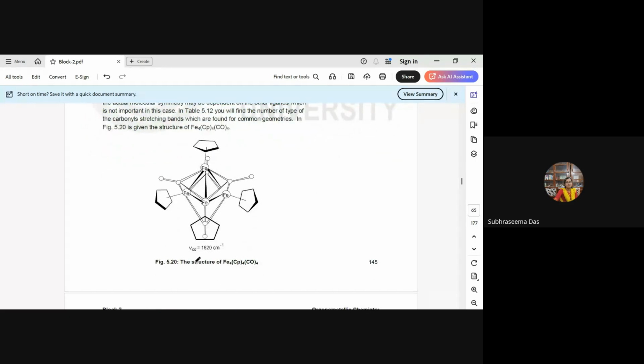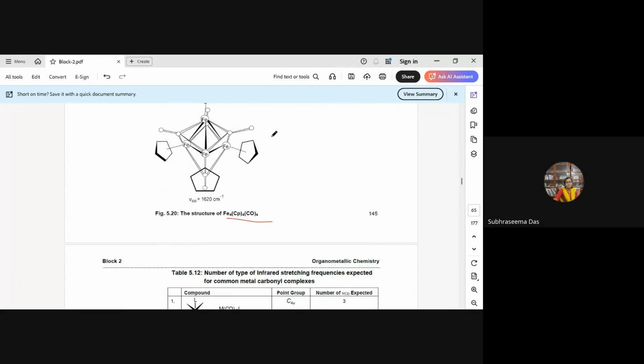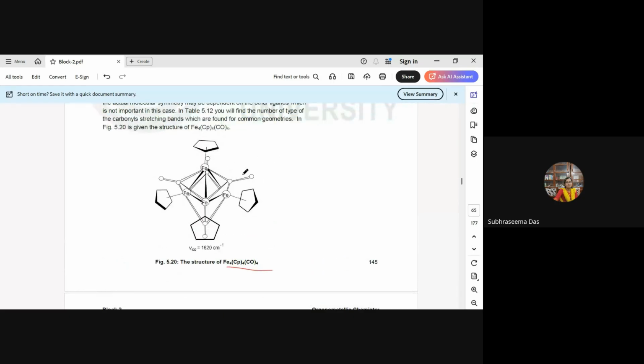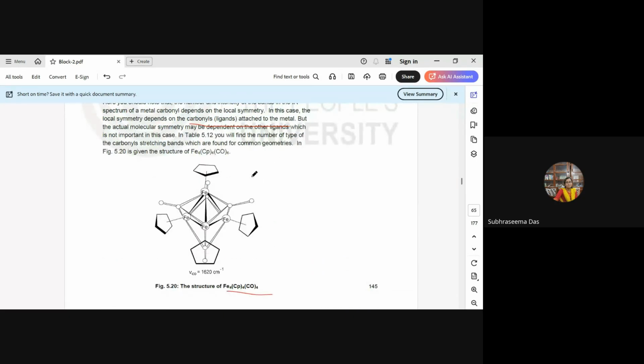In figure 5.20, the structure of Fe4Cp4(CO)4 has been shown. Here we will just look into the number of carbonyl ligands that are attached to the metal center and also the bridging CO. We will ignore the other types of ligands that are present.